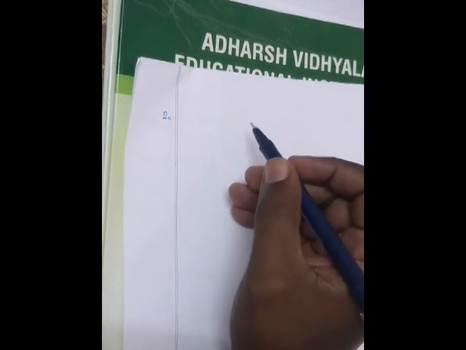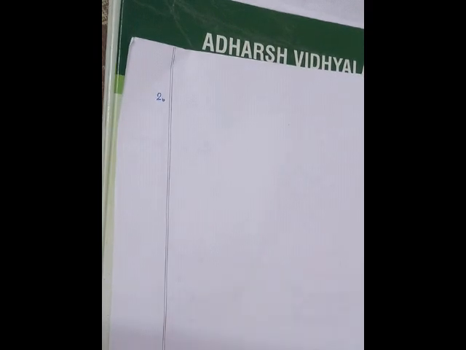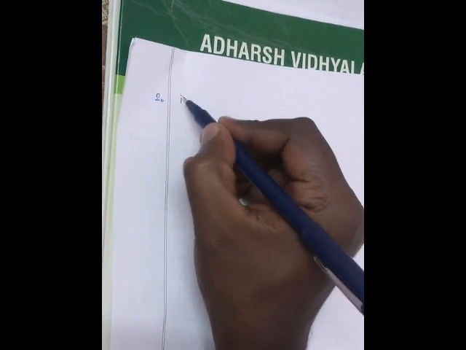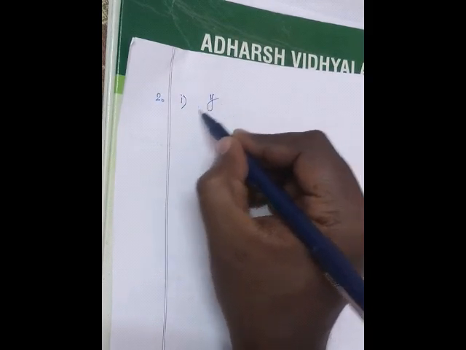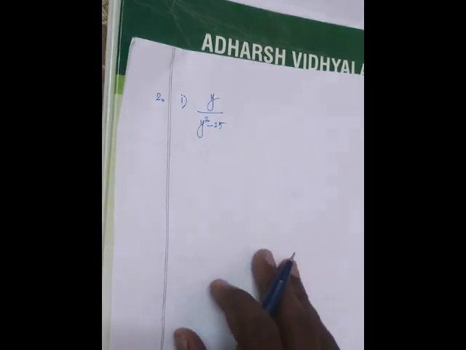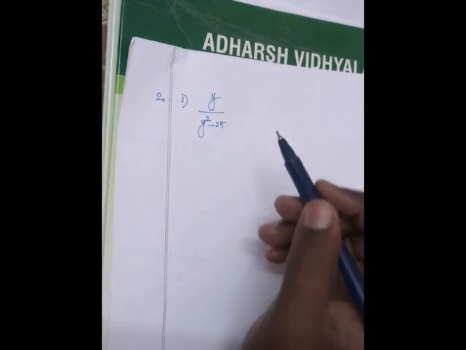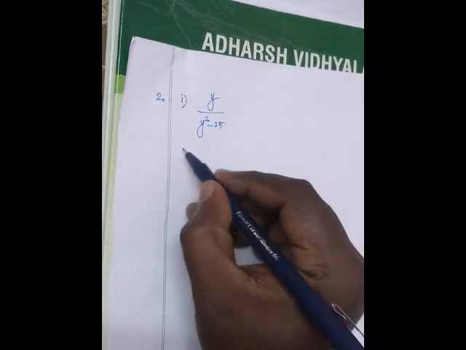Second question, find the excluded values, if any, of the following expressions. First subdivision, y by y square minus 25. First we write it in its lowest form or irreducible form.